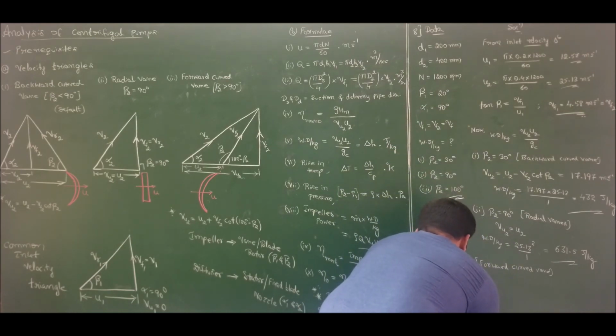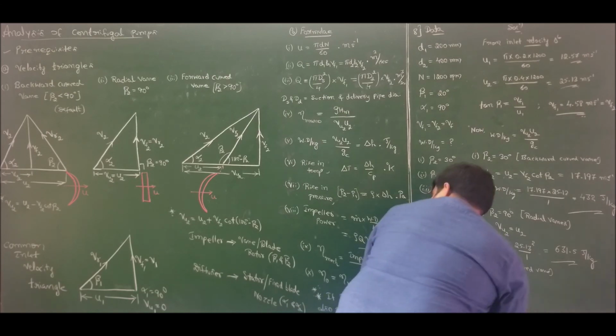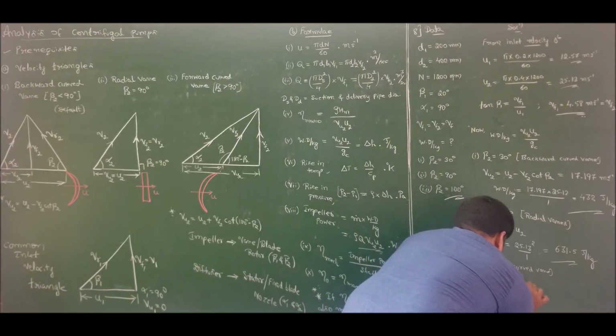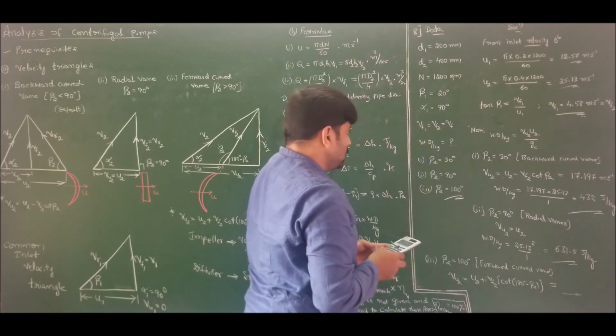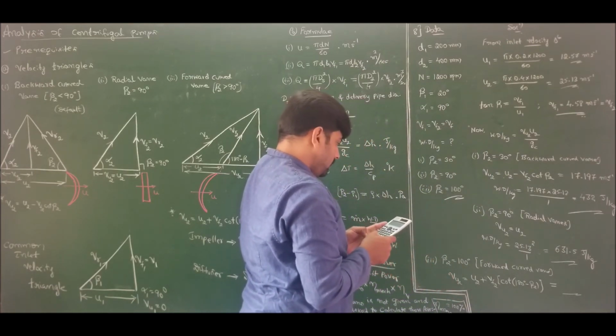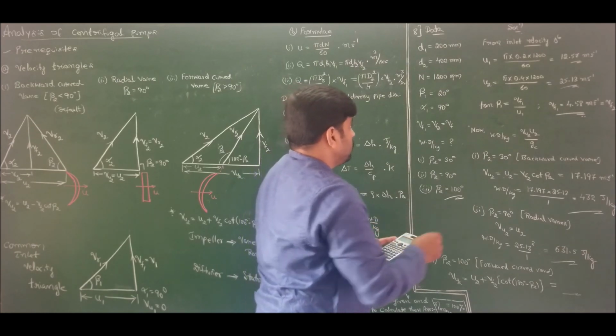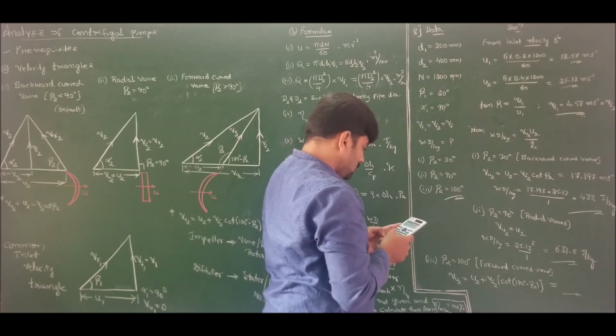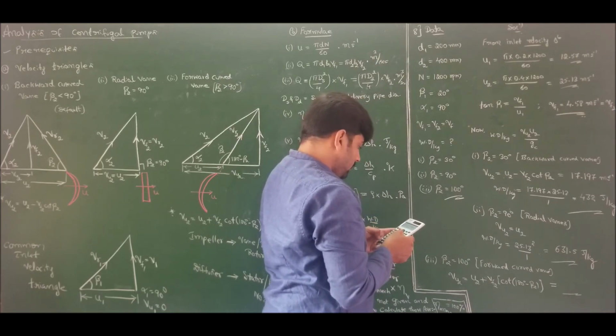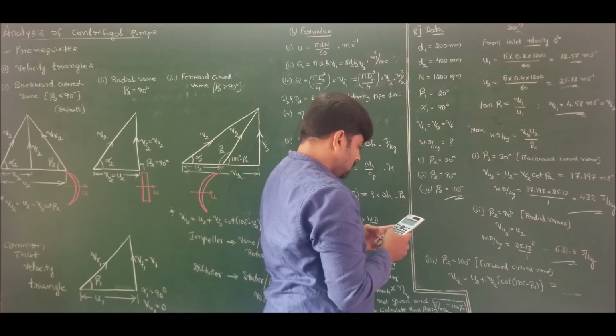So Vu2 will be u2, 25.13, plus Vf2, which is constant, 4.58, into 1 divided by tan of 180 minus 100 degrees.